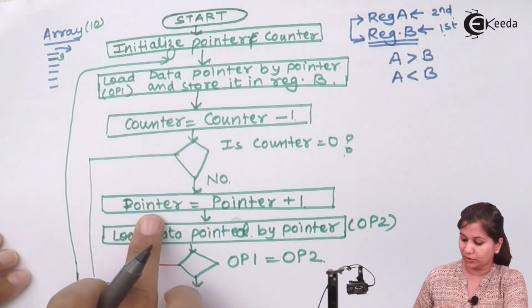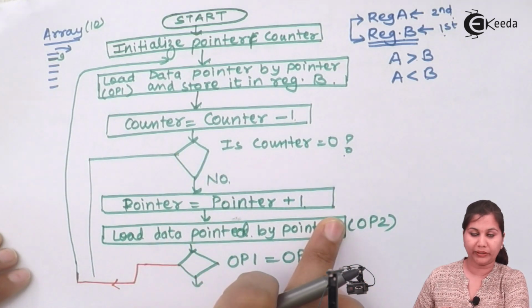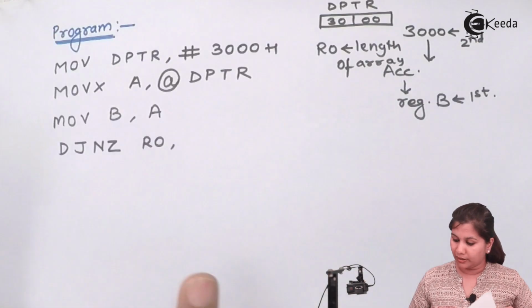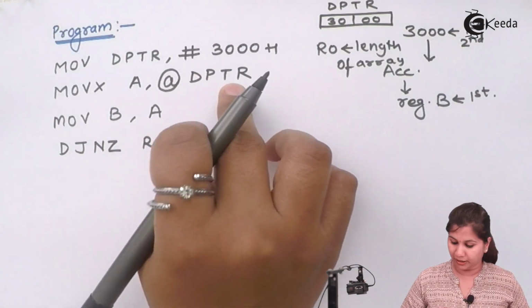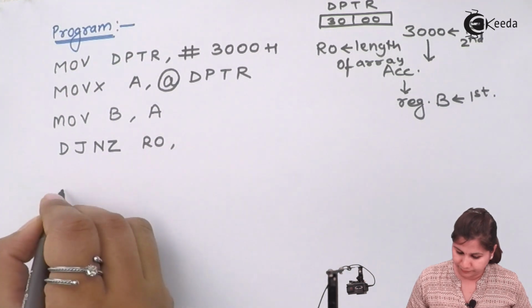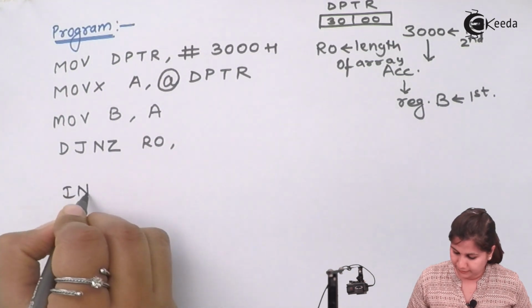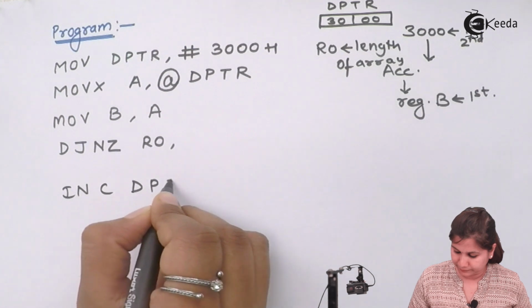When the counter is not 0, we are incrementing our pointer. So here our pointer is this dptr, so next step will be inc dptr.